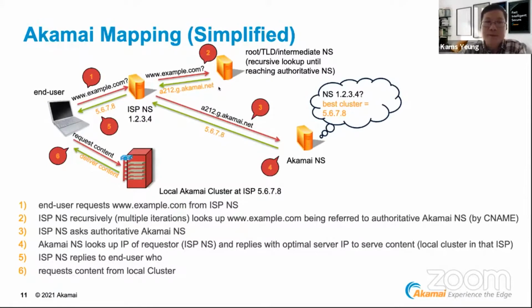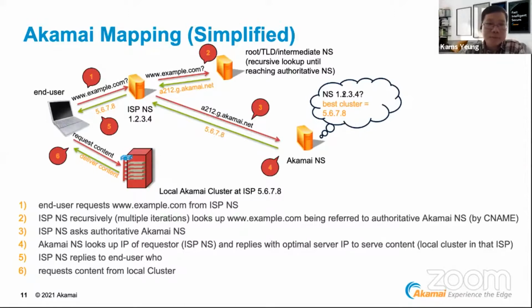And then because it's a different hostname now, the ISP DNS has to resolve it again through a repeated recursive lookup. But essentially, because this is an akamai.net domain, we will go to the Akamai DNS server. And then the Akamai DNS server will know that, okay, this request is actually coming from this particular ISP 1.2.3.4, and it is requesting content for a212.g.akamai.net.